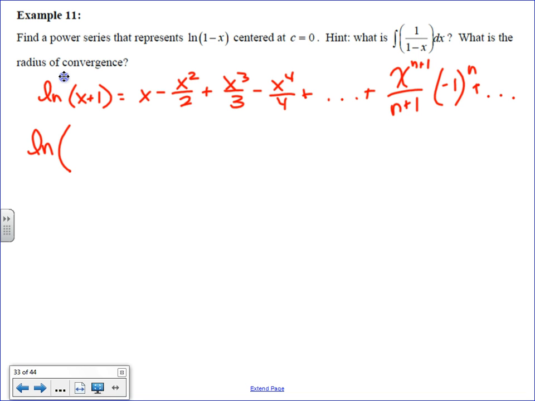Well, ln of 1 minus x. I need it to be ln of 1 minus x and yet fit ln of x plus 1. Then what could I do? Any ideas? What could my u be? Minus 2x? Well, but it's not ln of x, see what I mean? I have to make ln of 1 minus x fit ln of x plus 1.